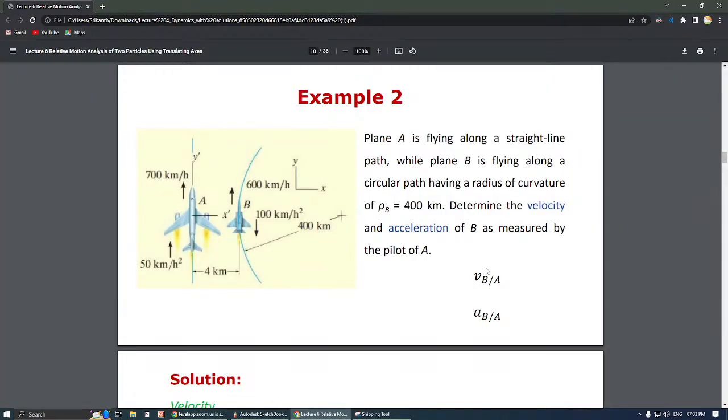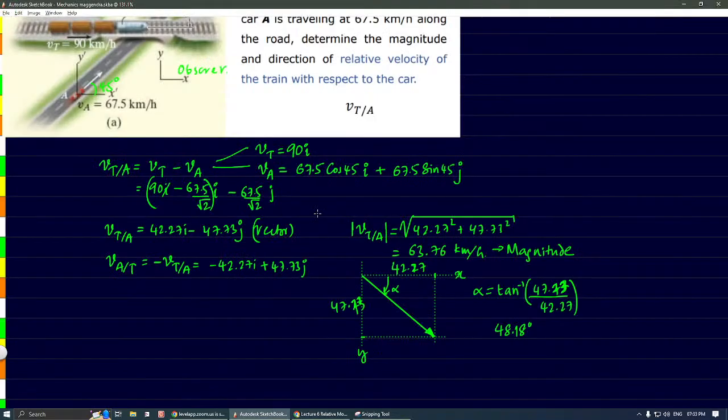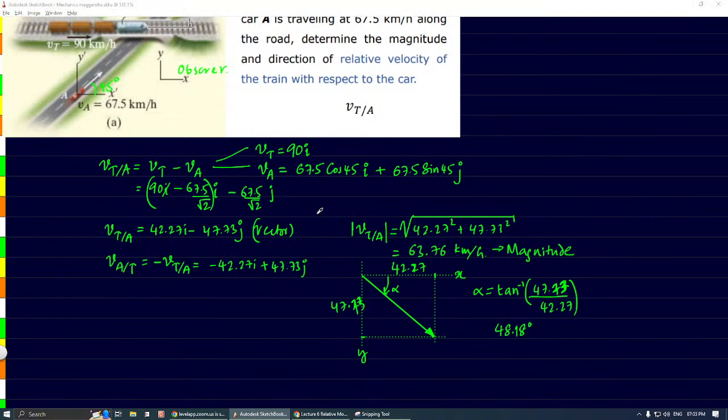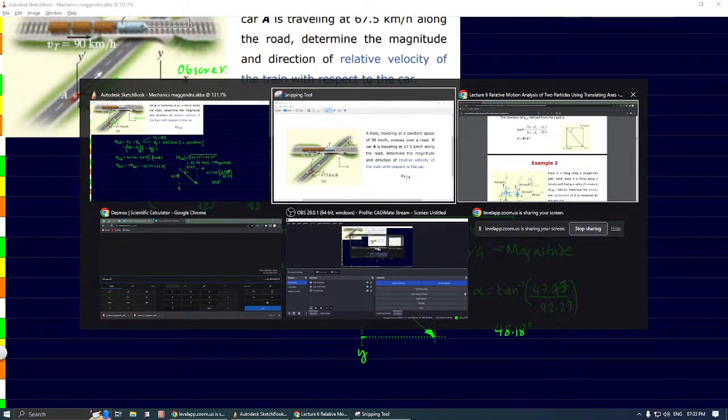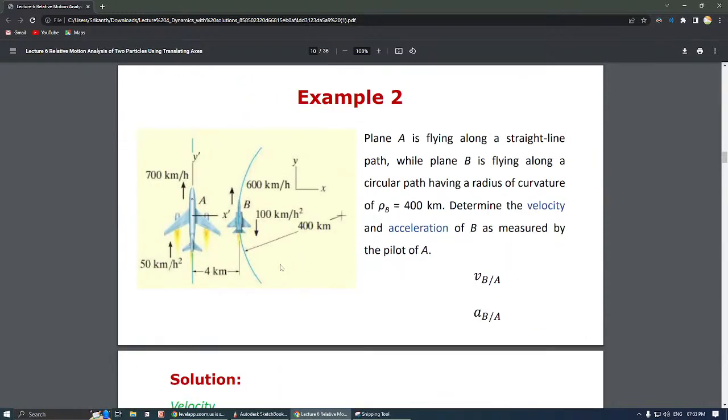That's the solution. He is also getting the same, 48.40. Maybe a slight error is there. He has rounded off to one digit, and that's the reason we are getting a slightly different value.